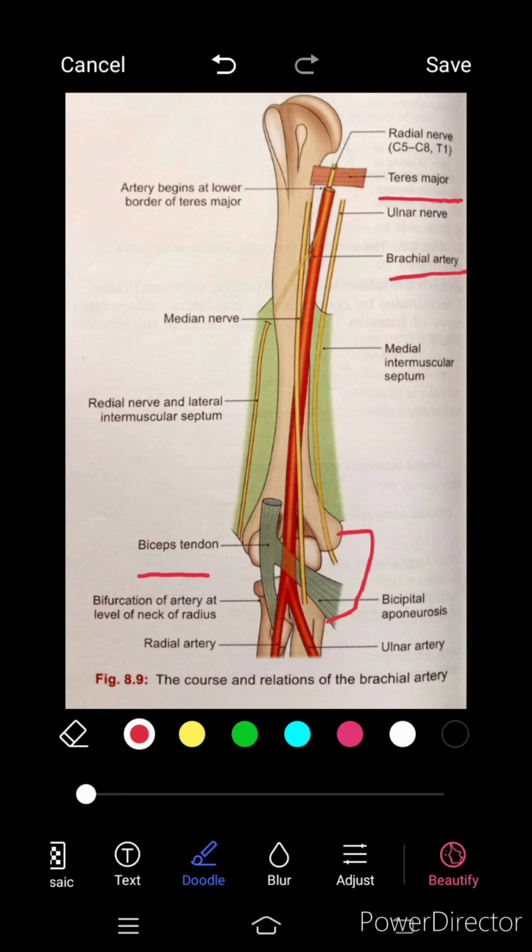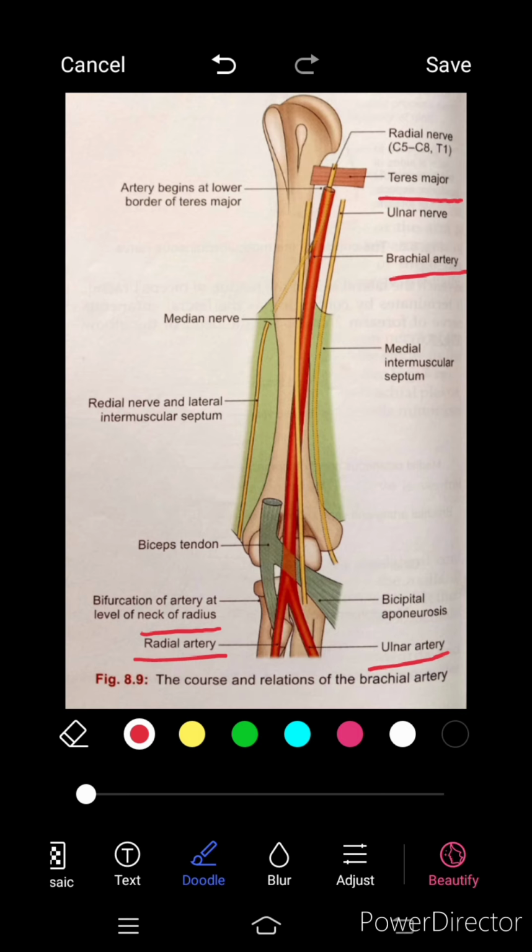It runs downward and laterally in front of the arm. It crosses the elbow joint and ends at the level of neck of the radius in the cubital fossa by dividing into two terminal branches, that is radial artery and ulnar artery.